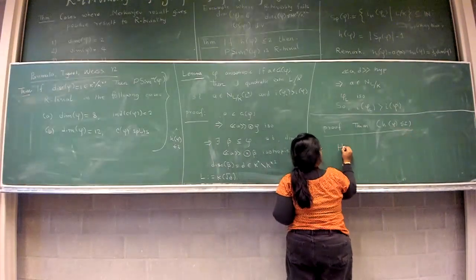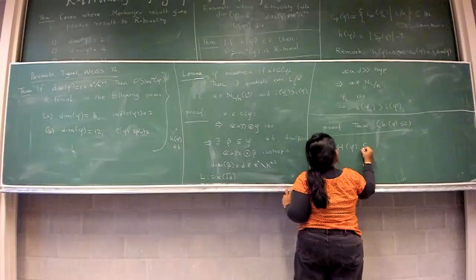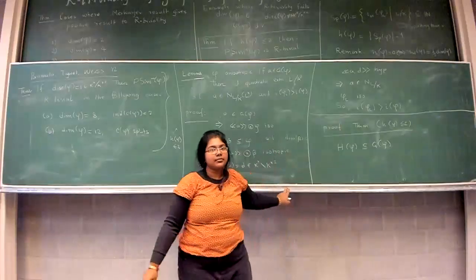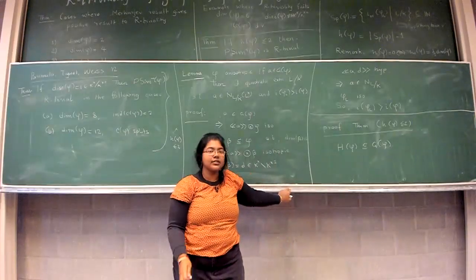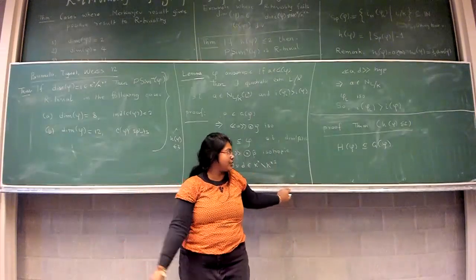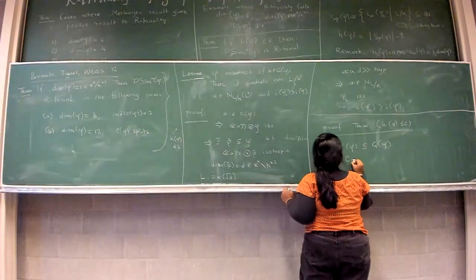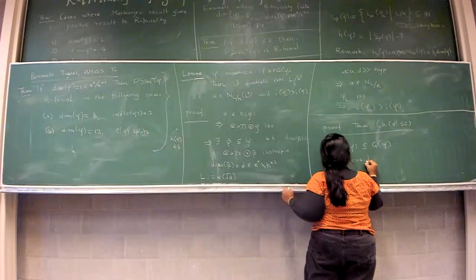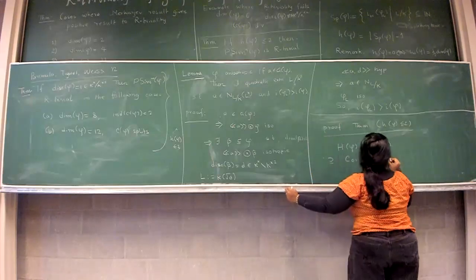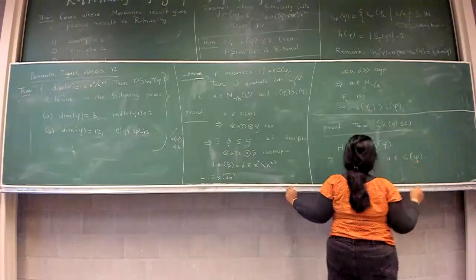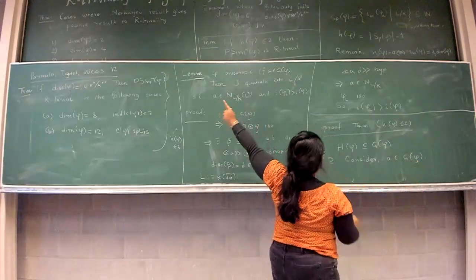One thing we already know is that this is a subgroup of, by definition. So we are interested to prove the other inclusion. For the other inclusion, just consider an element from this. Now I will use this lemma.